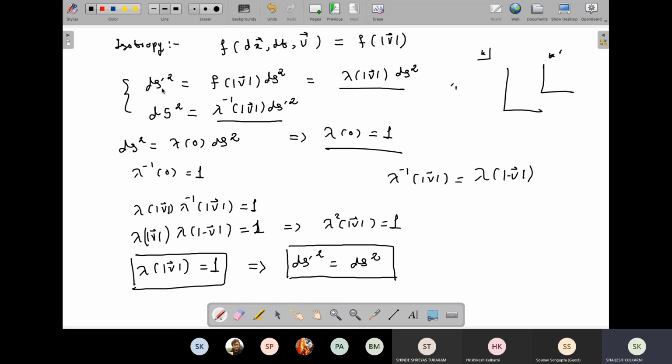So in the k prime frame, how should it behave? It should behave as first order in dt prime and first order in dx prime. That's it.